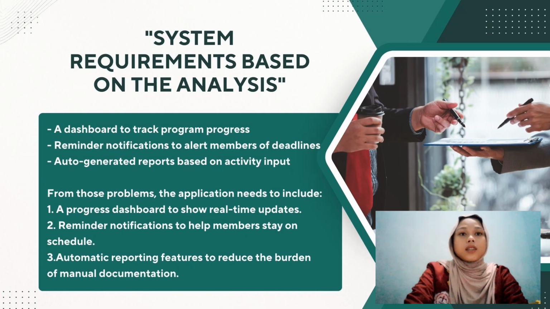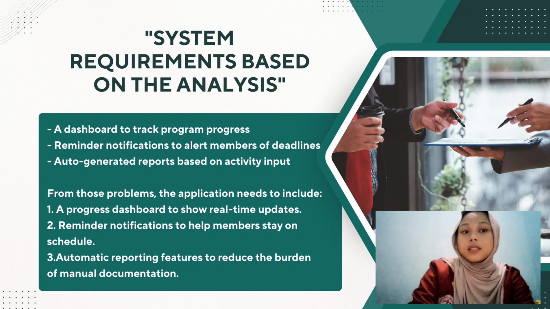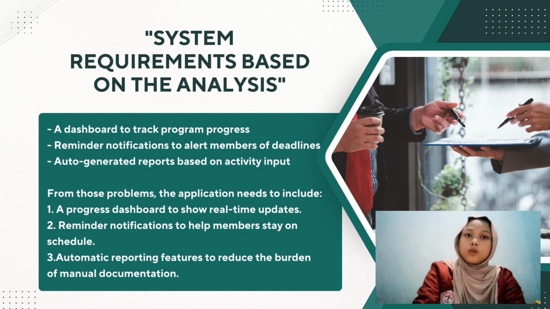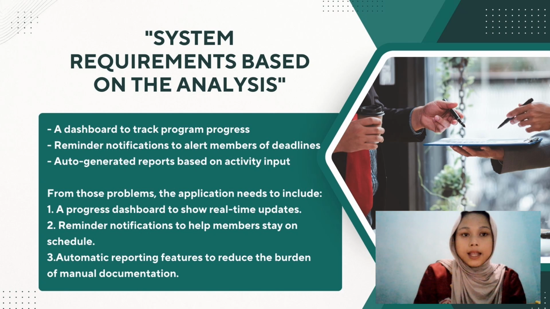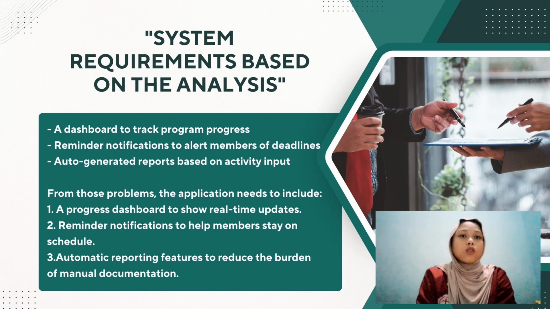So, based on these problems, here's what the system needs to include. System requirements based on the analysis. 1. A dashboard to track programs progress. 2. Reminder notification to alert members of deadlines. 3. Auto-generates reports based on activity input.